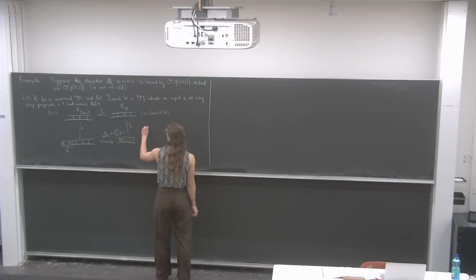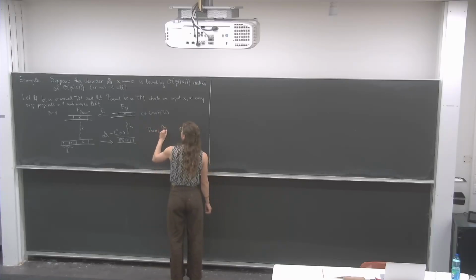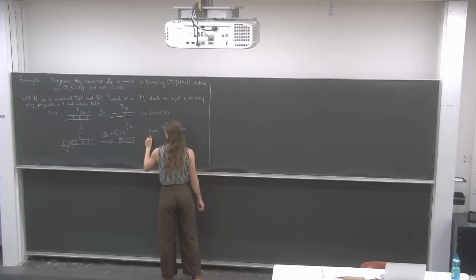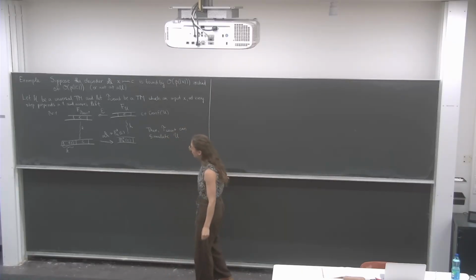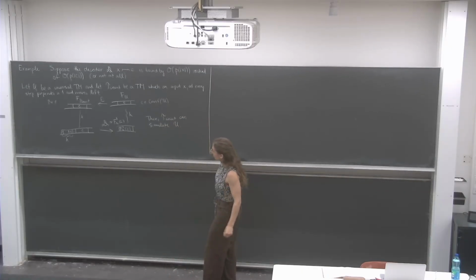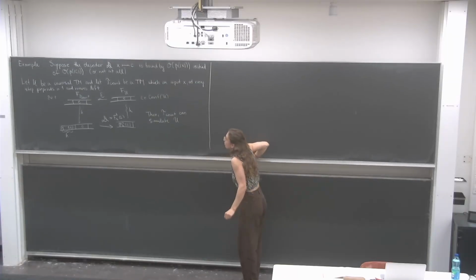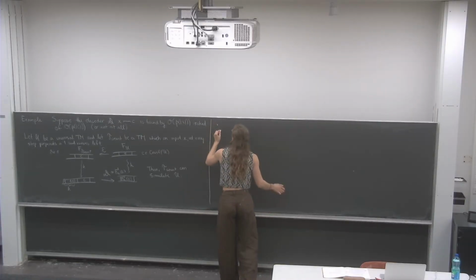So then T count can simulate the universal Turing machine. So what would be some reasonable properties that we would like from the local simulation?